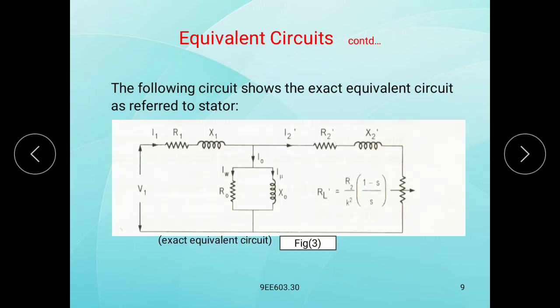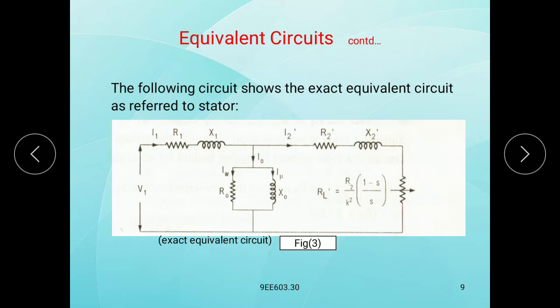Here R1, V, I1, X1, R0, IW, I mu, X0, I0. Here this circuit is referred to stator side.